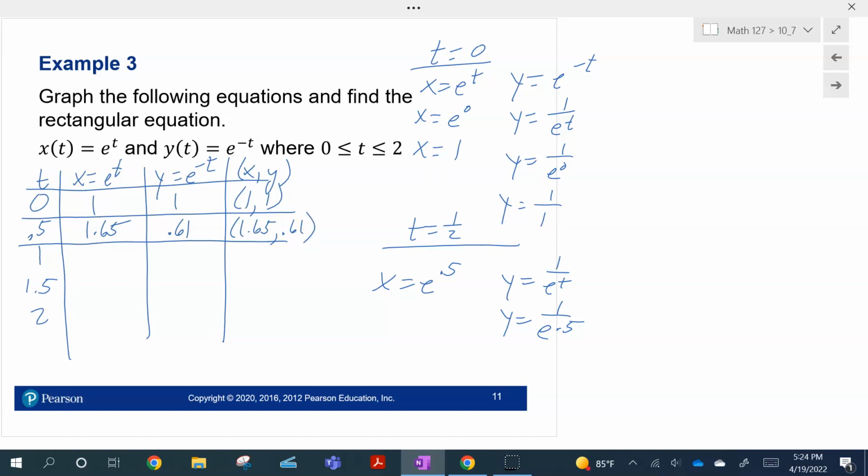Now let's plug in 1: e to the 1, or e, is 2.718, or 2.72. And then y would be e to the negative 1, so 0.37. Plugging in 1.5, e to the 1.5, I get 4.48. E to the negative 1.5, in other words 1 over that, is 0.22.